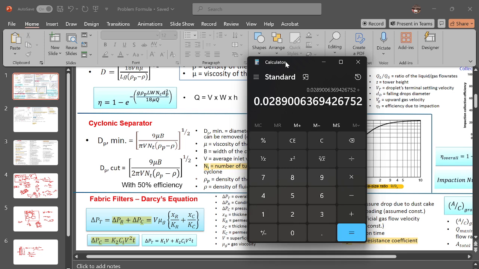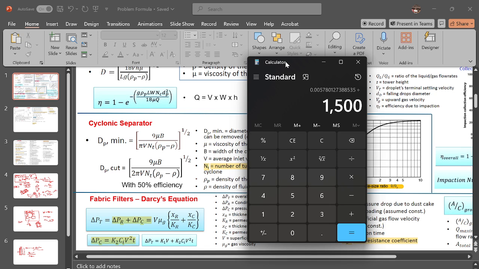Divided by the number of turns, 5 turns it's taking, into rho p minus rho. The density of the particle is 1500 kg per meter cube. It's 1.5 gram per centimeter cube, so 1500 kg per meter cube.